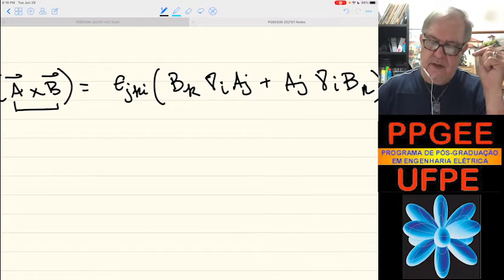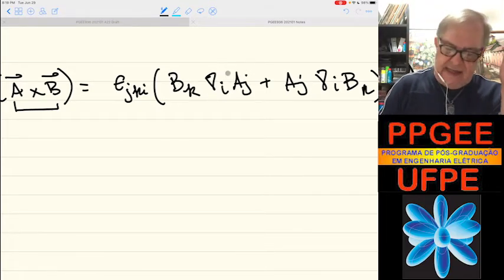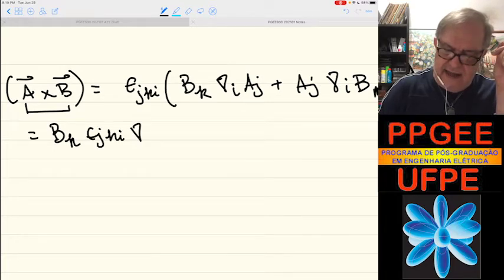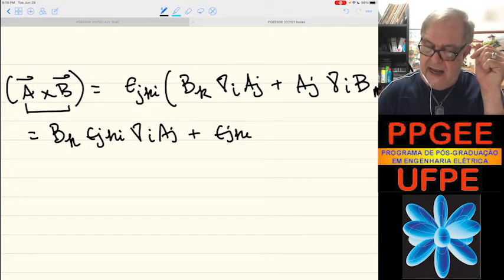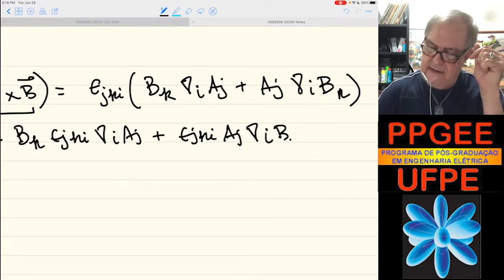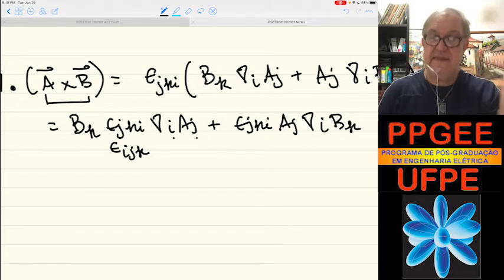Here we are going to have a dot product of b_k with the kth component of a curl. This is going to be b_k epsilon_jki nabla_i a_j plus, I'm just repeating here, epsilon_jki a_j nabla_i b_k. So here I'm going to make this epsilon_ijk, the same thing.